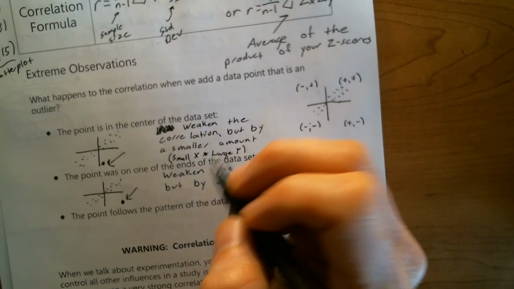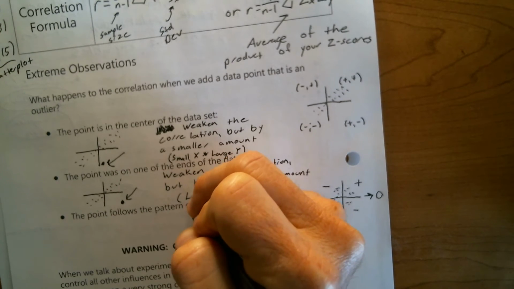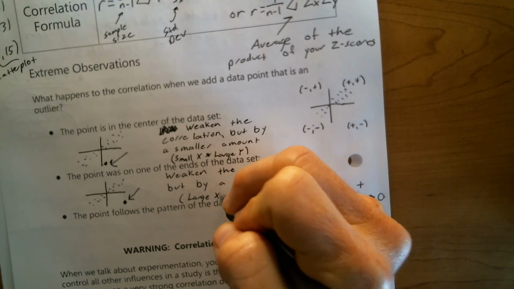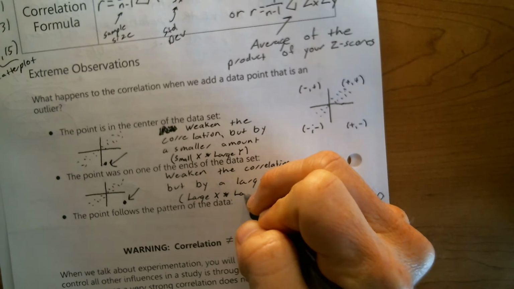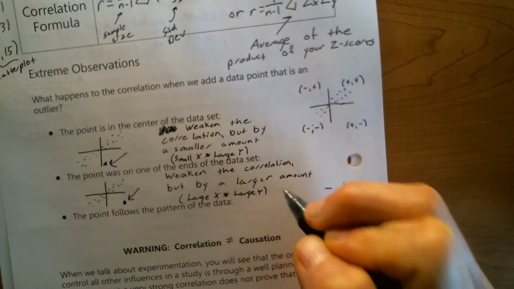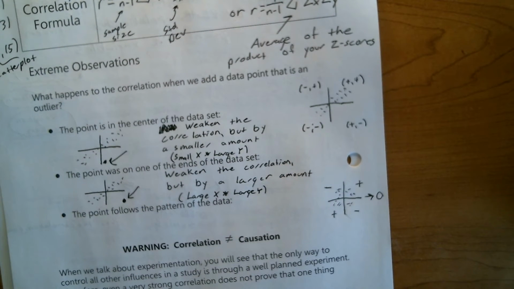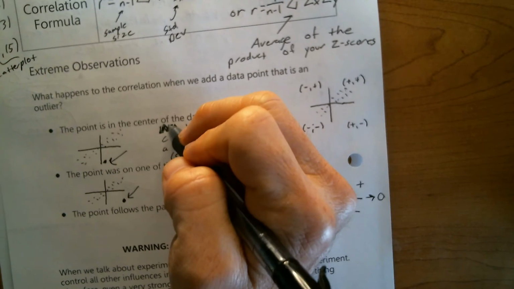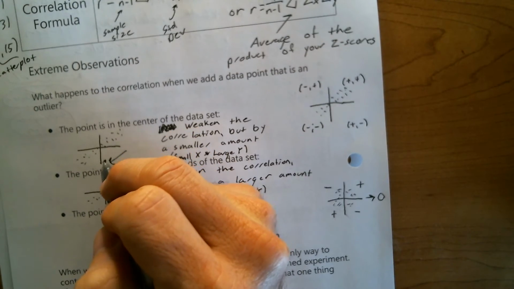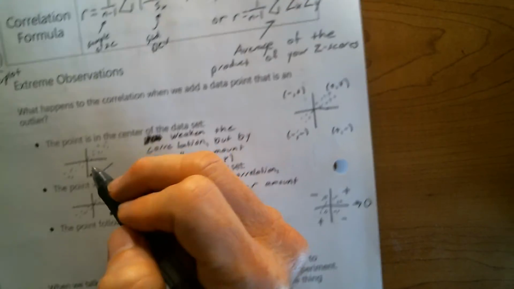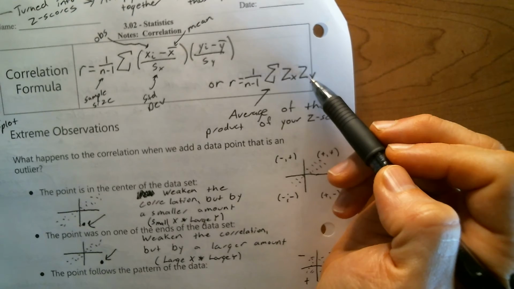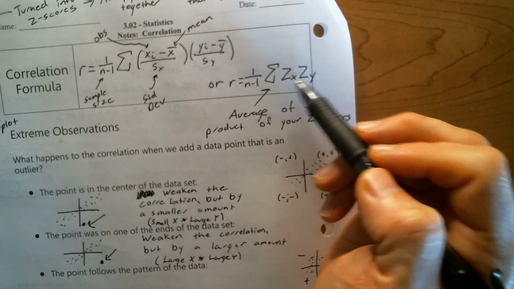Here, with this one, we have a large X times a large Y. That's going to give us a really large product that's being put into our average, and that really large product is going to have a more dramatic effect on the correlation. So outliers towards the center of the distribution have a smaller impact because one of these two values ends up being really close to 0.